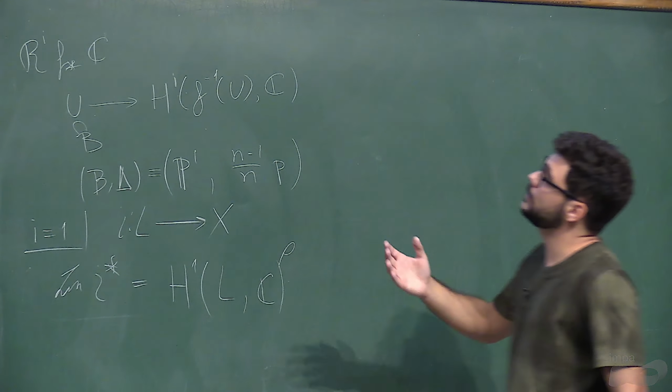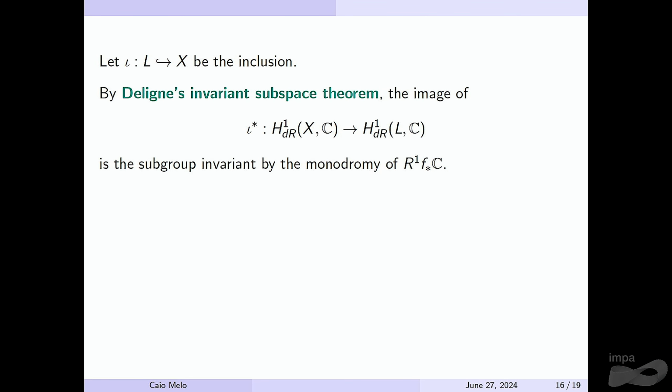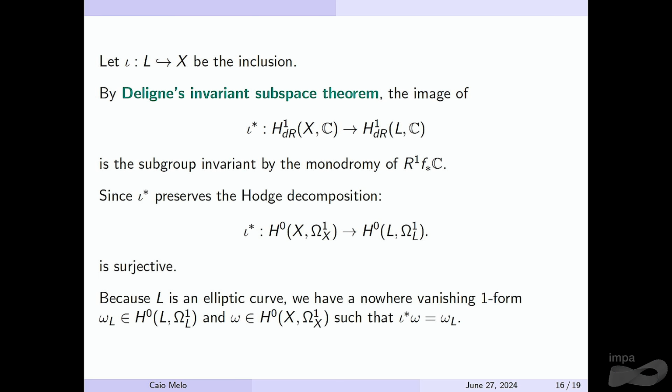And because of that, the pullback morphism must be surjective, and so we can extend every one-form on L. Oh, I forgot to mention, but this also induces morphisms on the Hodge decomposition, and again, it will be surjective. And so now we are using that L is elliptic to construct a one-form that doesn't vanish on L, and we can extend this one-form to the whole space.